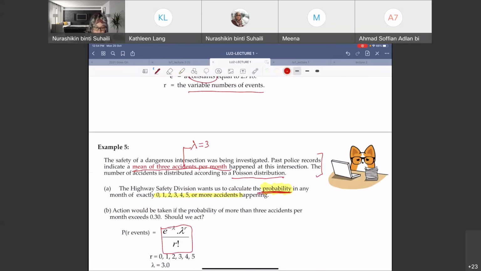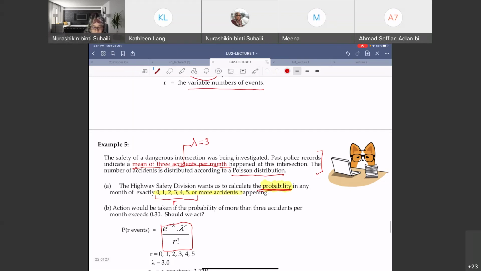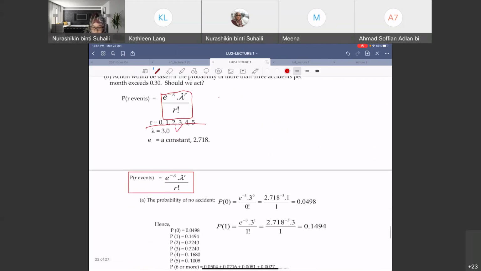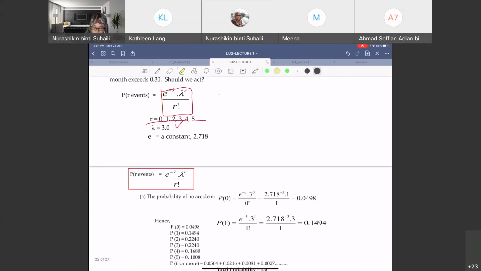So this is actually R. You want to find the probability when R equals 0, 1, 2, 3, 4, and 5. This is the formula. You know lambda equals 3, E is a constant, and R is based on what you are analyzing. So let's have a look at P when R equals 0 first.